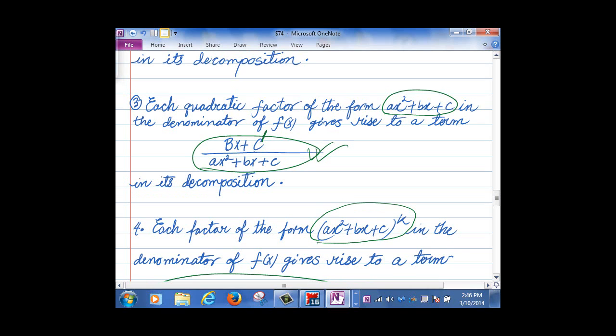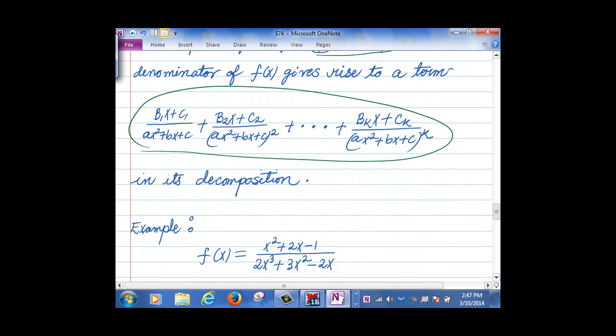What I meant here is that I have capital B and capital C versus lowercase a, b, c. Let me put a prime here to make sure those are different. The lowercase a, b, c are fixed because those are in the denominator, and capital B, capital C are the things that you have to find so that the decomposition works. And I'm going to show you that in a bit.